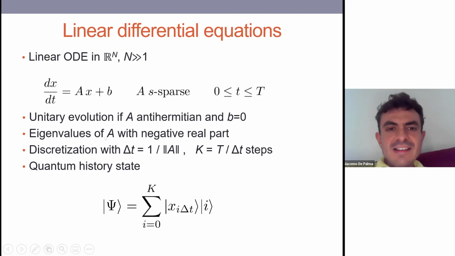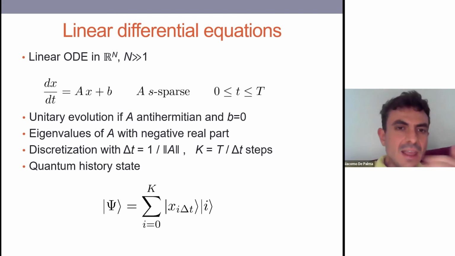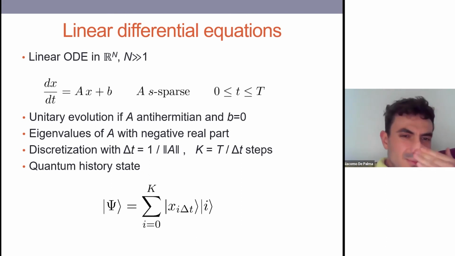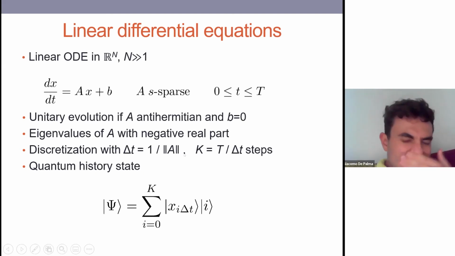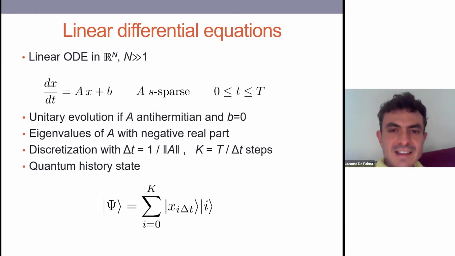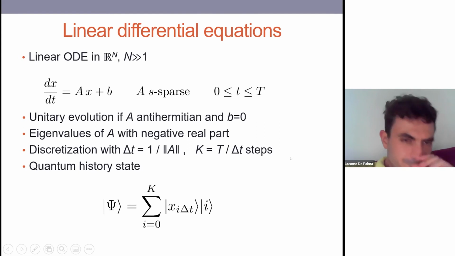So we assume that the eigenvalues of A have negative real parts, such that there is no exponential blow up of the solution. And then the algorithm discretizes this time evolution with time steps that are of the order of 1 over the operator norm of A. And we will call capital K the total number of time steps that we will need.